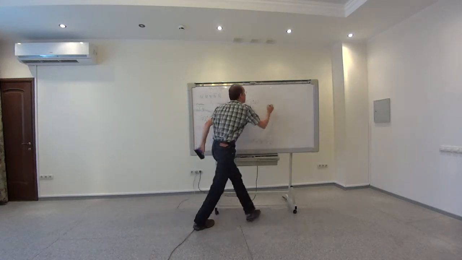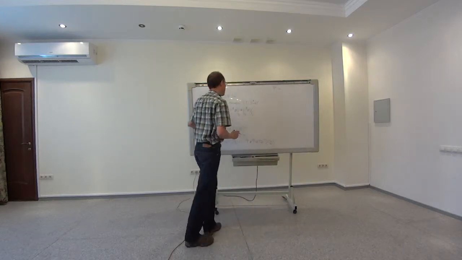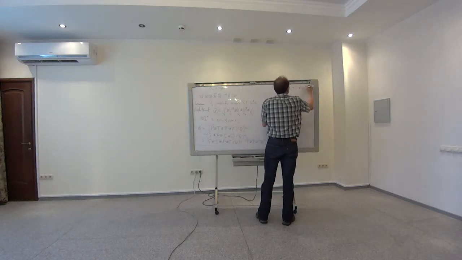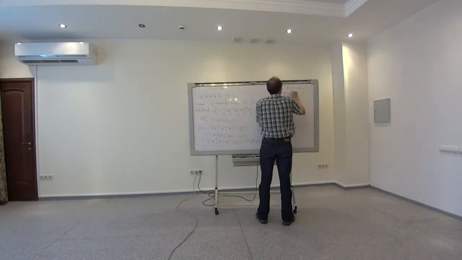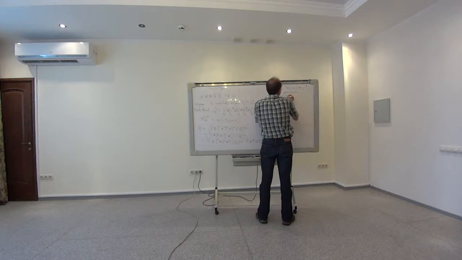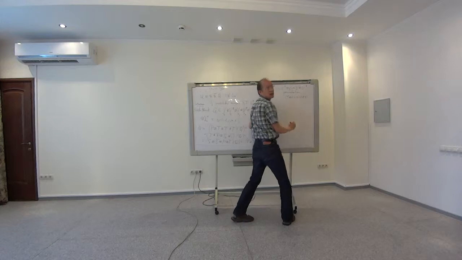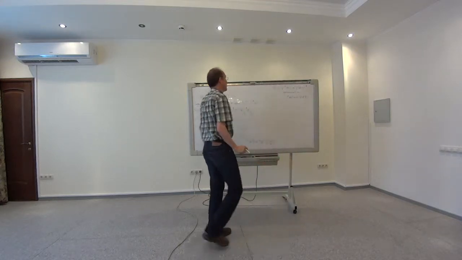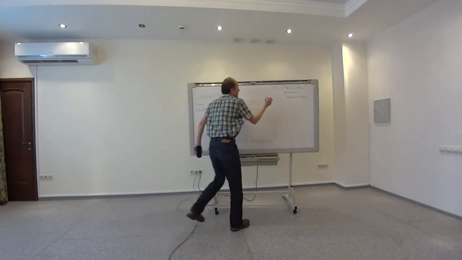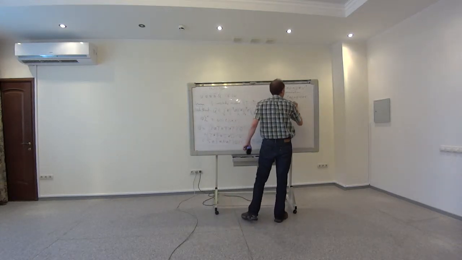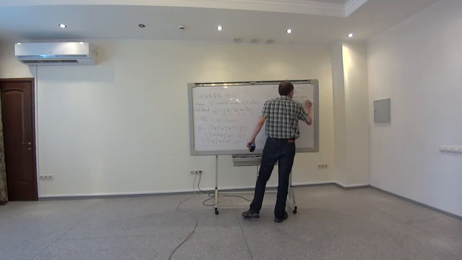So P maps V star tensor V to V tensor V, a permutation, which means that a linear form phi tensor vector v is mapped to v tensor phi. And P bar is its inverse. T bar is the T inverse. And the same thing, S bar is S inverse.